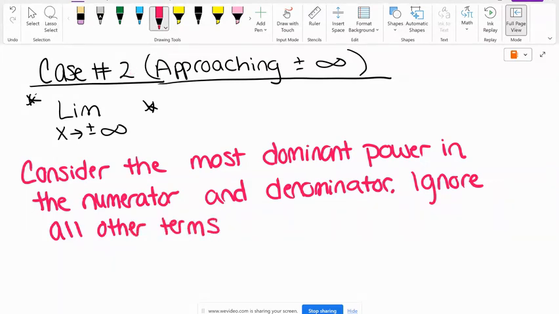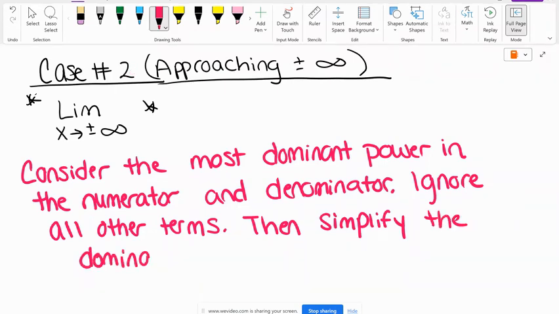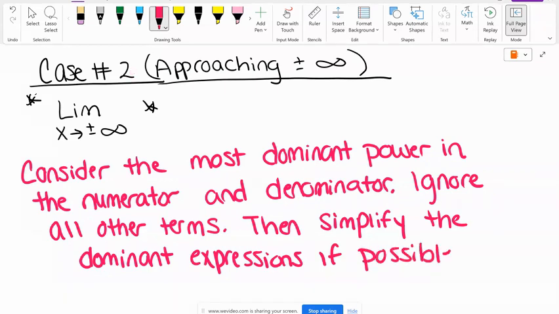Whatever's remaining, ignore all other terms. Then simplify the dominant expressions if possible. What do you mean dominant expression? I'm going to explain to you.